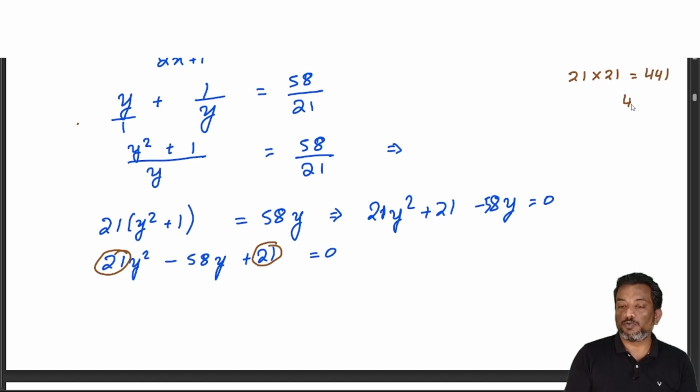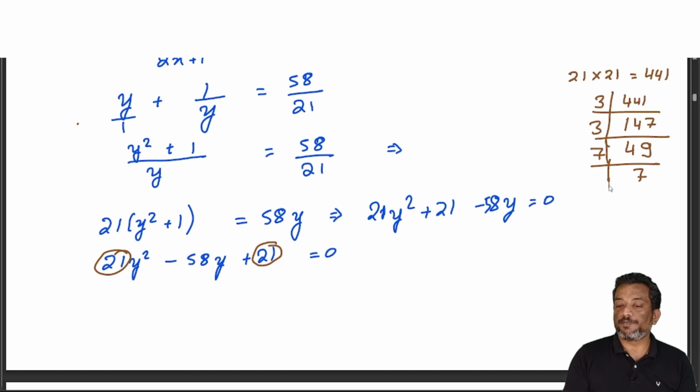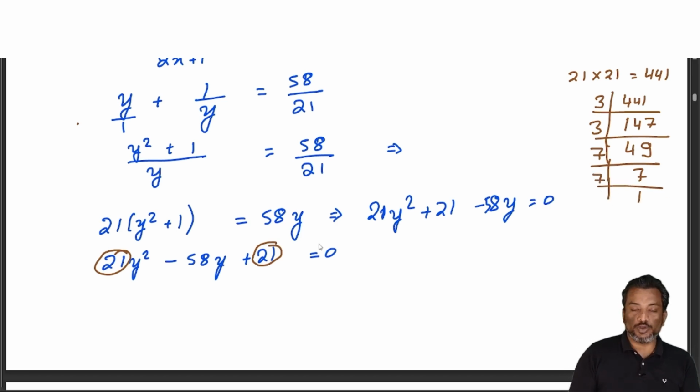Now you can do the prime factorization of 441. The factors you will get are 3, 3, 7, 7, 1. Using these factors you can split the minus 58y.